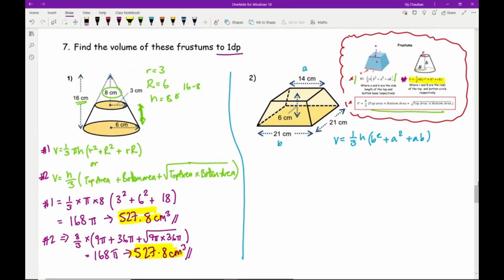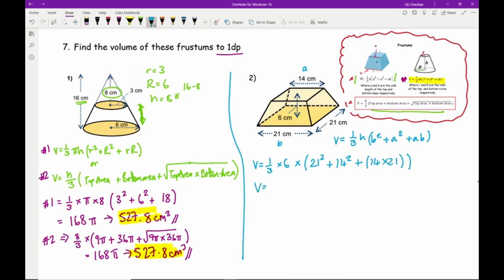So substituting the values into this formula, I'm going to get V equals a third times 6 times, and then again, it doesn't really matter whether I do a squared or b squared first, but let's stick with this. So we've got 21 squared plus 14 squared plus 14 times 21, close bracket.